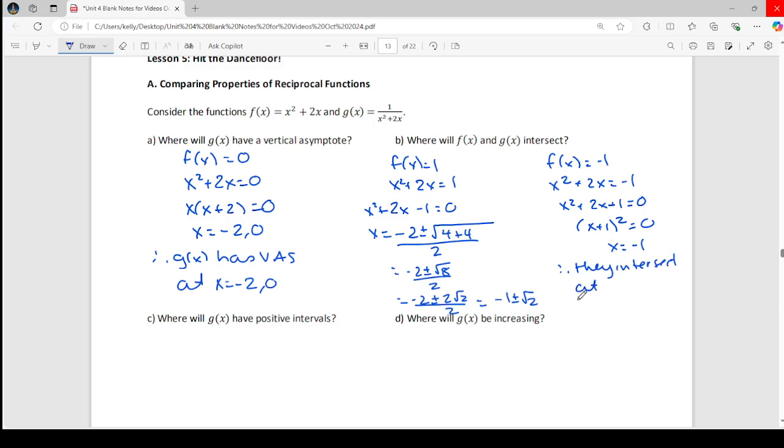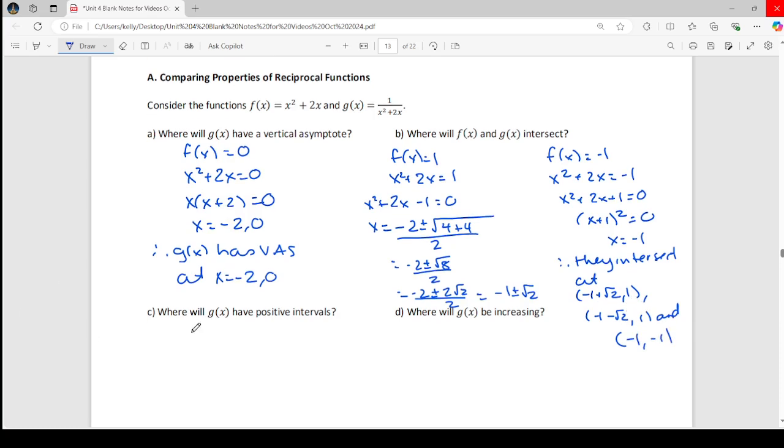They intersect, first of all, at minus 1 plus root 2, and the y value is 1. Minus 1 minus root 2 also has a y value of 1. And this other point, x is minus 1 when y is minus 1. So we've got those 3 points of intersection.